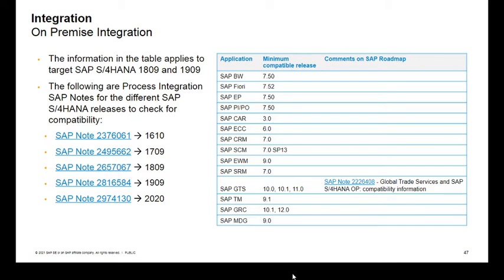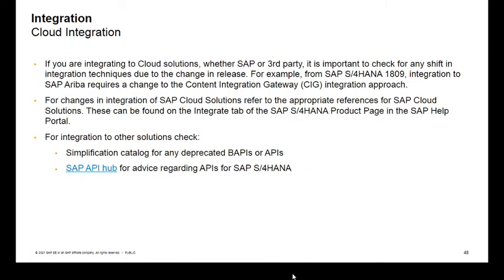Okay. Regarding integration with our cloud solutions, or let's say our solutions, or it can also be third party, you would also want to look if there's any change in the integration techniques because of the release version. There's one example listed here, for example, starting from a certain release in the content integration gateway approach.